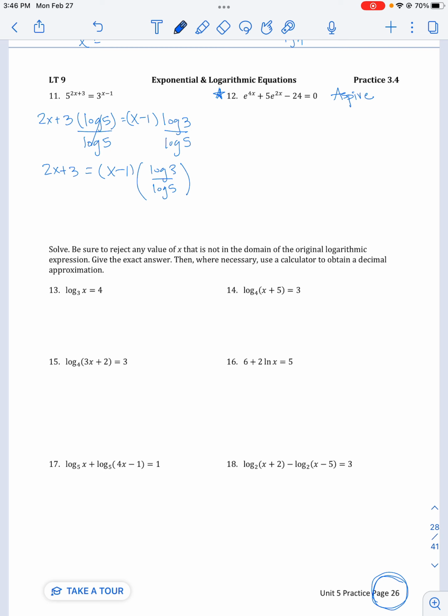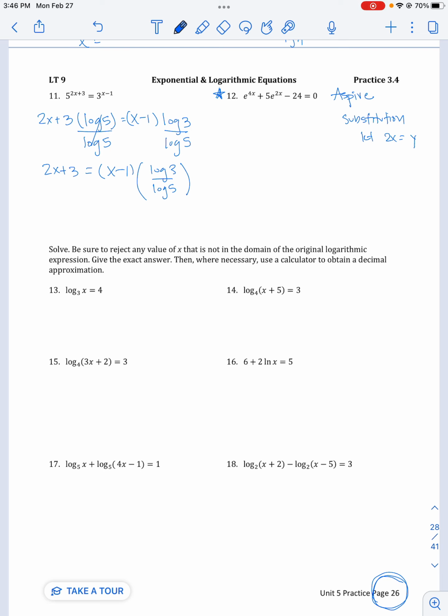For number 12, this is the tricky one, right? This involves a substitution technique, and I'm going to let y equal e to the 2x. Watch.